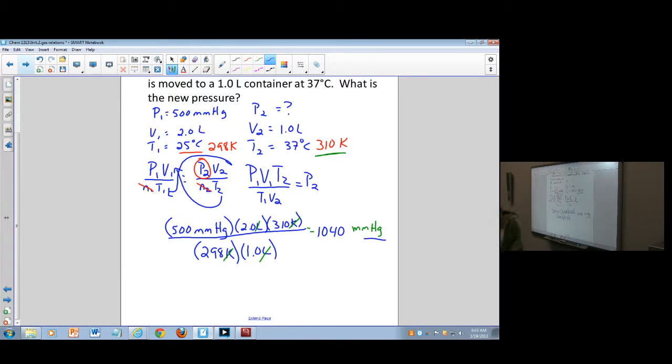Now I want to do one more. No, actually, I think I'll just let you get those in your homework and in your assignments. Practice, practice, practice. Write that table. Remember the Kelvin degrees.